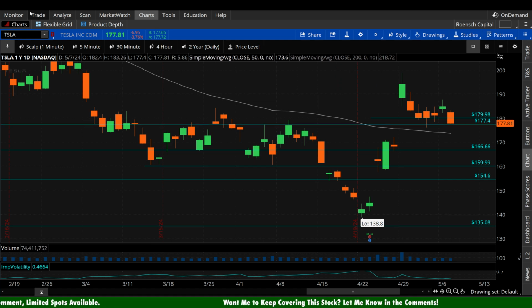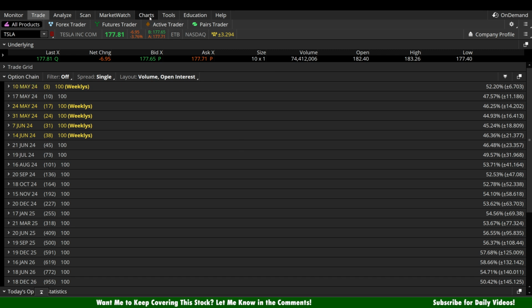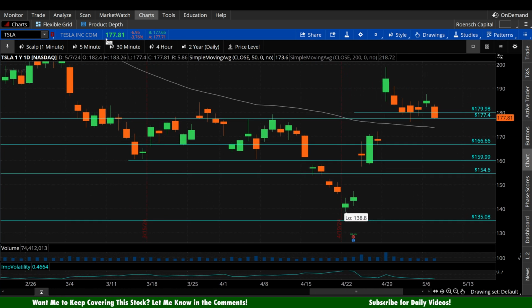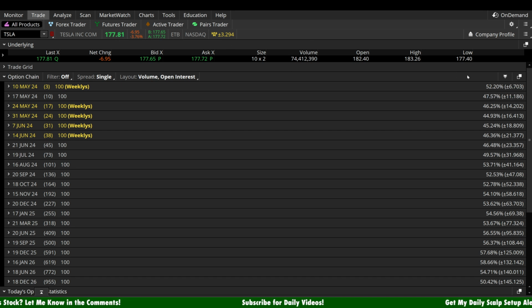Now, the expected move here on Tesla. The next expiration that we have is May 10th. That's Friday, so we have 3 trading days between now and then: Wednesday, Thursday, and Friday. And it's not like we have earnings or anything in between there, and that's necessary to know. So the expectation by Friday's close compared to today's close is that the stock moves plus or minus $6.70 per share.